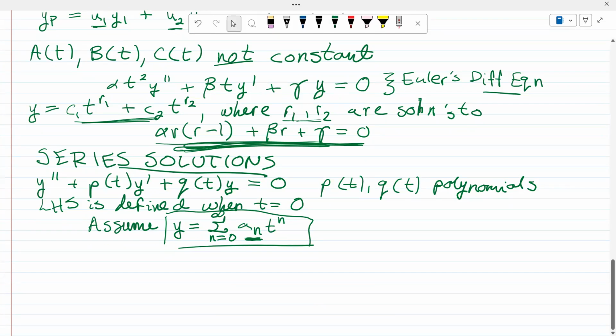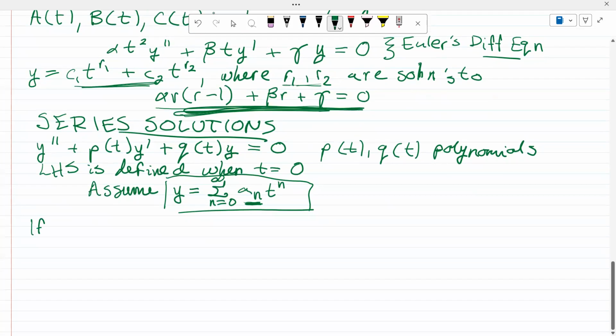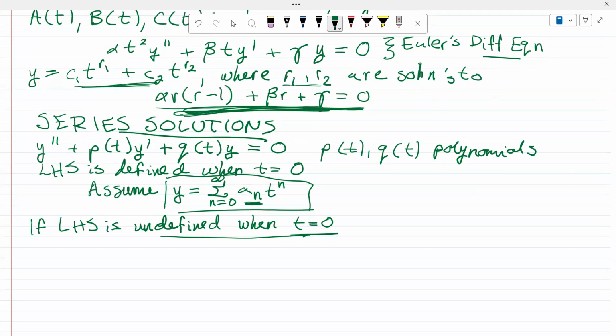But then if the left-hand side is undefined at that point, we say that there is a singularity at t equals 0. All right.